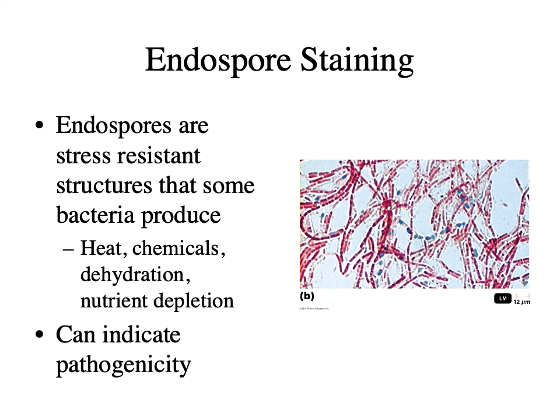An endospore stain is another very important stain. Some bacteria are able to produce endospores, which are stress-resistant structures that can surround their genetic material so that they can retain it when they're under stress, when it's too hot, when there aren't enough nutrients for them to survive.